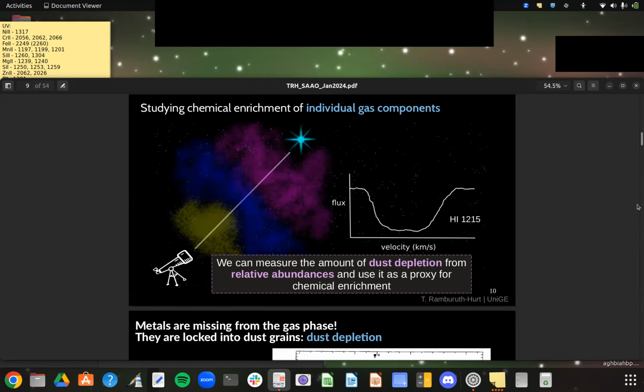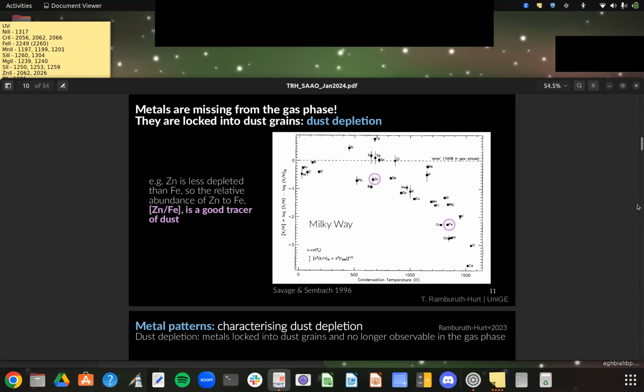So now I'll go a bit more into what I mean by dust depletion. Basically we have metals that are missing from the gas phase, and this is due to this phenomenon called dust depletion, which is where the metals become locked into dust grains and are therefore no longer observable in the gas phase.